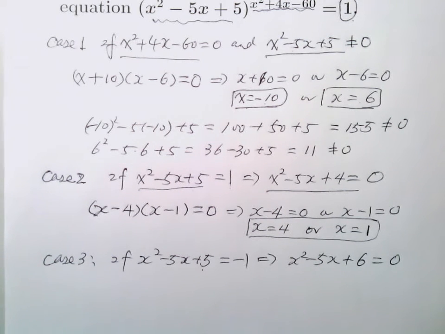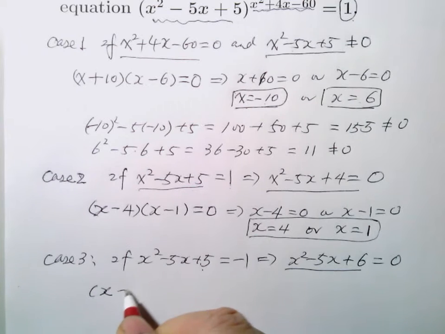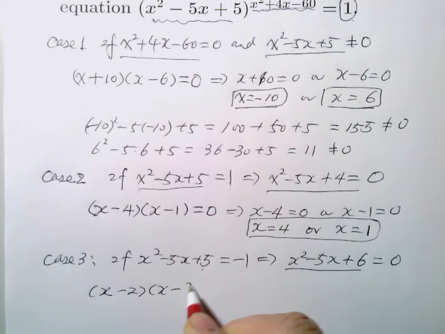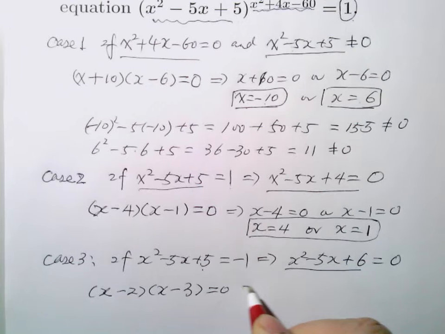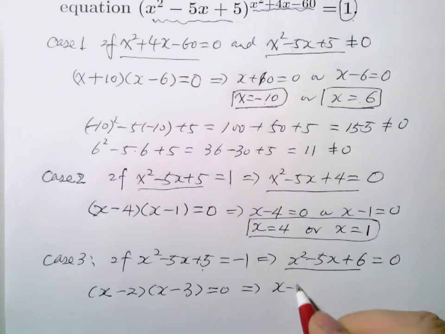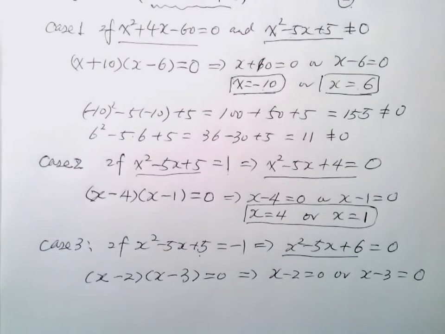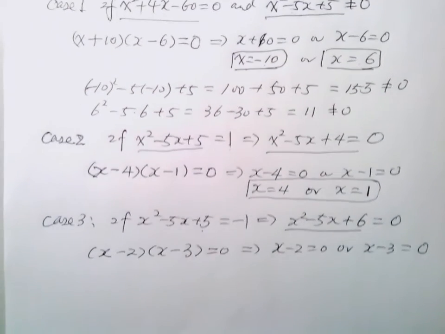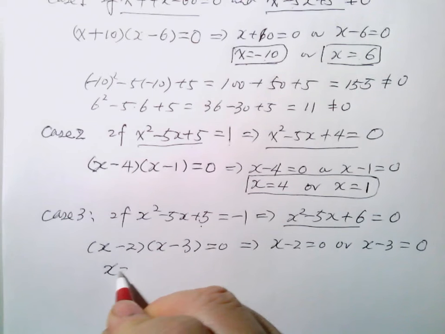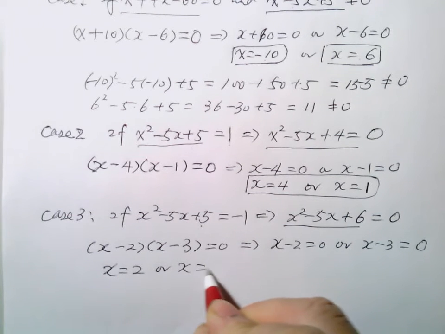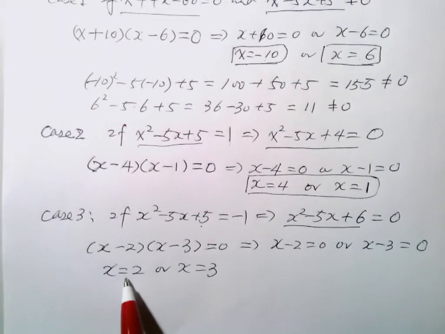Factoring this, you can tell that it is x minus 2, x minus 3 equals 0, which indicates x minus 2 equals 0 or x minus 3 equals 0. That tells us x equals 2 or x equals 3.